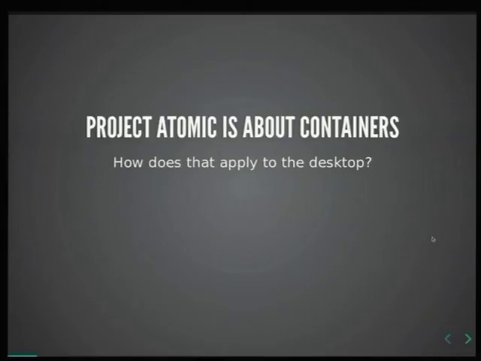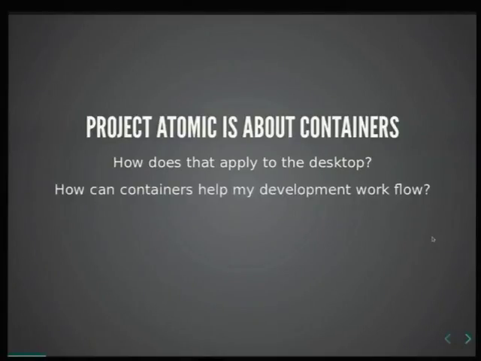So we'll get into that. But Project Atomic, we really want to get you into containers because they have a lot of advantages. And I'm going to talk a little bit about this in my talk too, about the rpm-ostree layer 3 today. But so obviously we start out with Atomic Host, and how does that apply to the desktop, right?